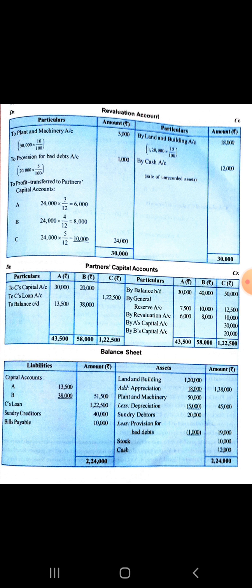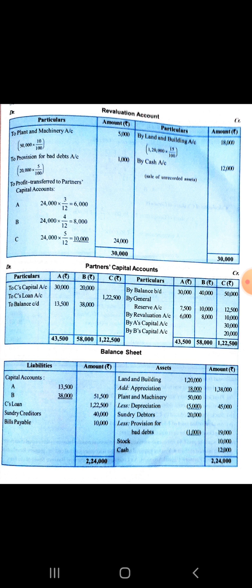Next, revaluation account, that is the gain on revaluation transferred from revaluation account: A 6,000, B 8,000, C 10,000. Next, compensation. Compensation payable by A 30,000, B 20,000. Look at the debit side of partners' capital account.